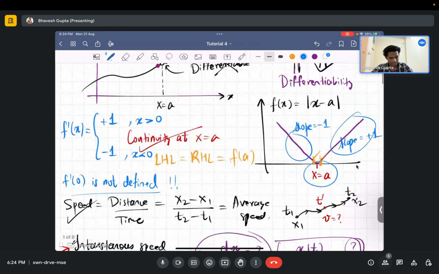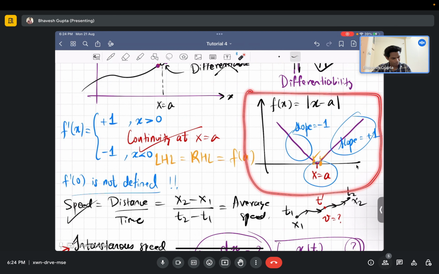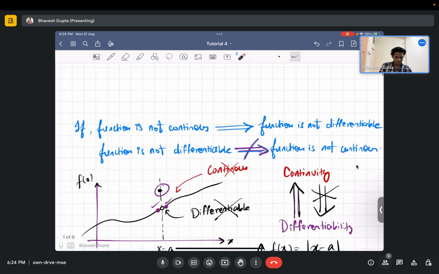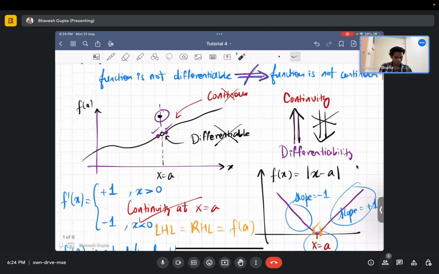I can show you that in this diagram over here. The function is continuous at x equal to a, but the function is not differentiable. So we see that this holds, right? The function not being differentiable doesn't mean it is not continuous. I just showed you a counterexample here.